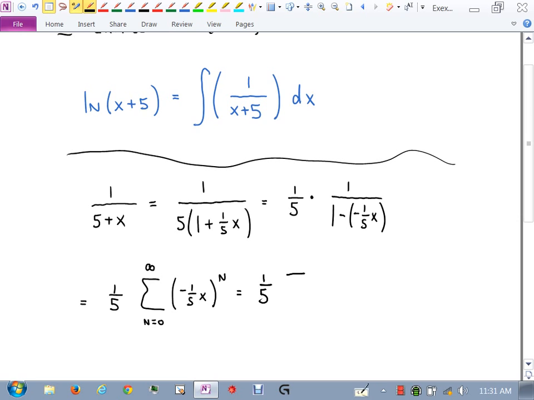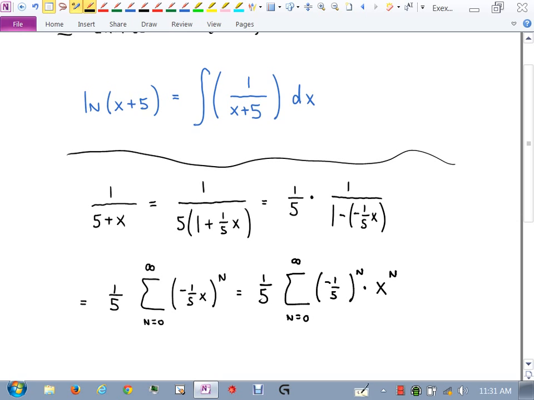1/5 sum n equals 0 to infinity, and then what can I put here? Negative 1/5 to the n, then times x to the n. This is the same thing.